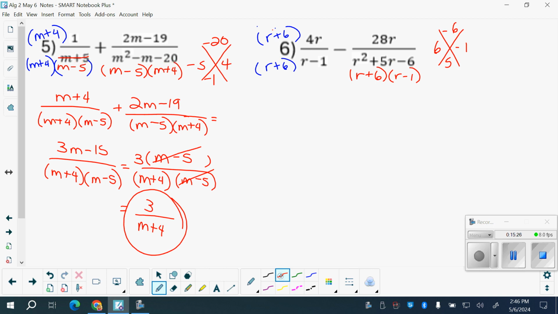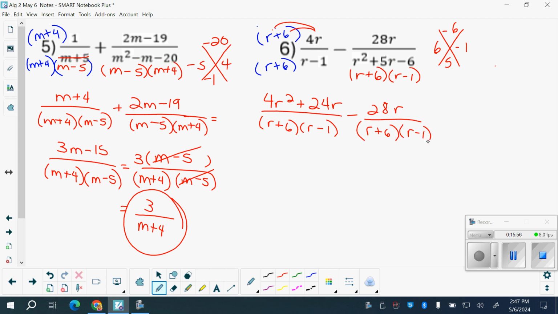So distributing that out, what do we get when we distribute that 4r? 4r squared plus 24r. And so now what do we do next?